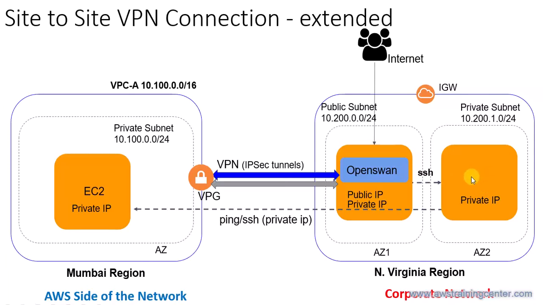And if we are going to enable ping or SSH, like if EC2C wants to SSH to A, or EC2C wants to ping this, all traffic is flowing through this guy. And in the security group, you need to open those ports for the IP address of this subnet or this particular IP or whatever you choose.